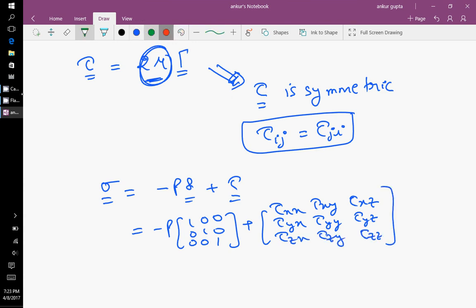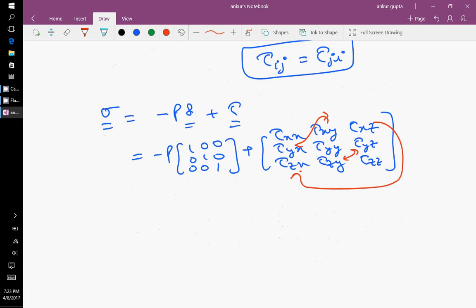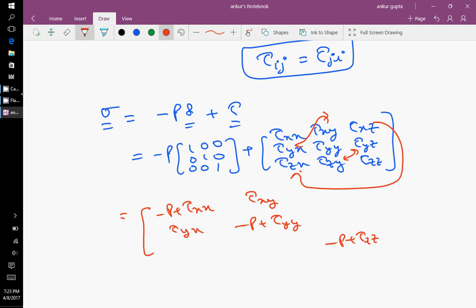So we know because tau is symmetric, these two will be same, these two will be same, and these two will be same. If we add tau in sigma and basically add pressure here, this will become minus p plus tau xx, minus p plus tau yy, minus p plus tau zz, and then we'll have tau xy, tau yx, tau zx, tau zy, tau yz, tau xz.